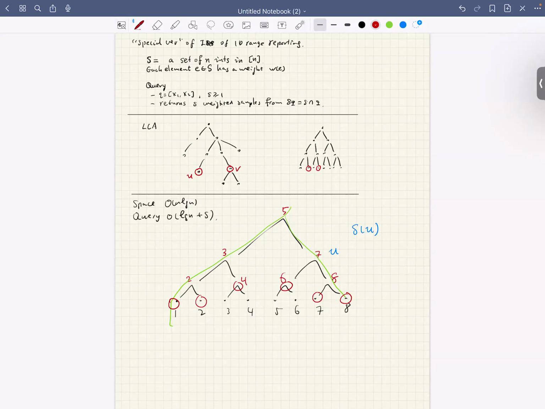Now, let's observe something. Now we start to talk about how to improve the query time to log n plus s, right? Now think about how this log n term came into place in the first place. How was it introduced?